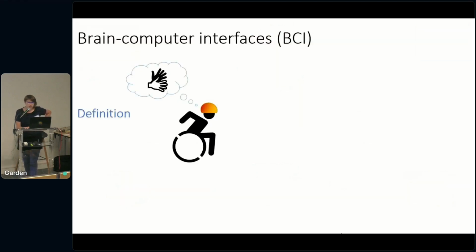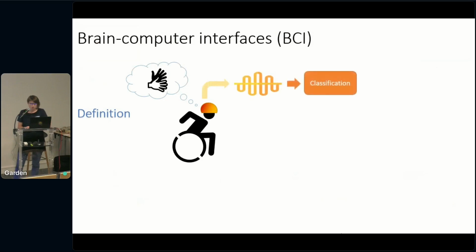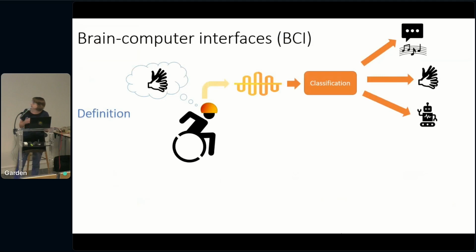So I start with a little definition of brain-computer interfaces. The subject tries to make a command with his brain, like imagining moving his hands. And we detect the signal, we classify it, and we can have many different kinds of effectors.